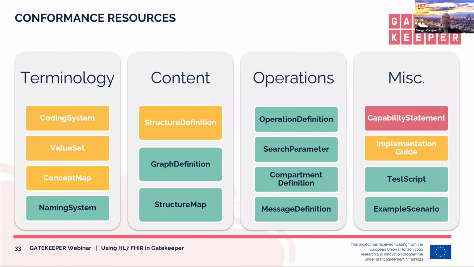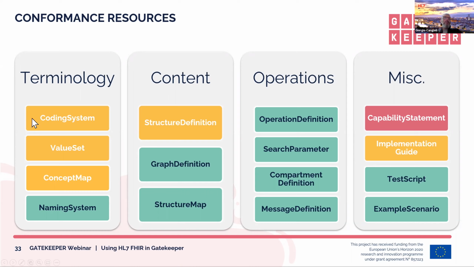I mentioned the conformance resources. There are a lot of different kinds. For the time being, we focus on the content resource. Forget about the specific name, it's called StructureDefinition, but what is important is that it gives you the possibility to define the constraints that you could apply to an information model that describes a resource.